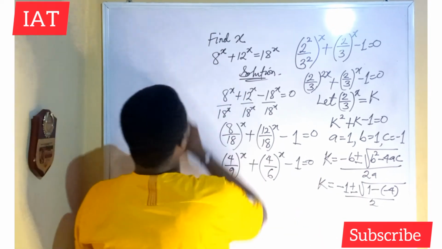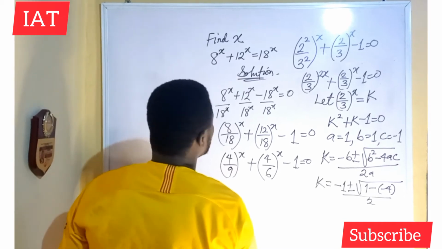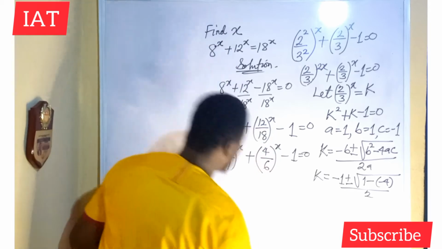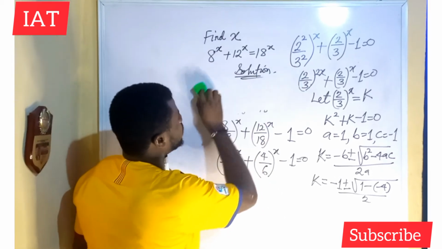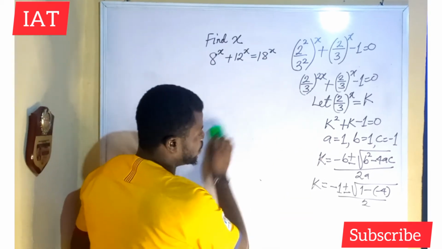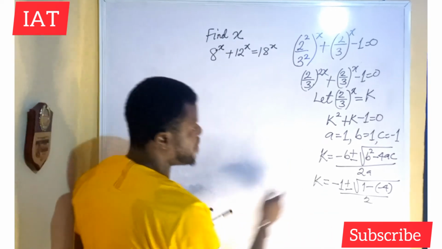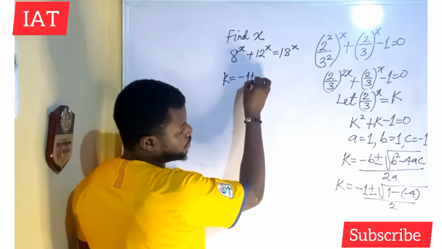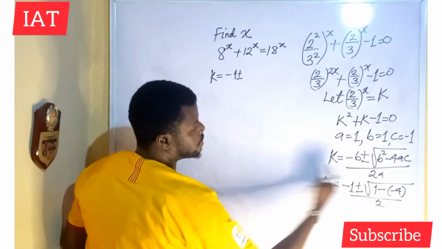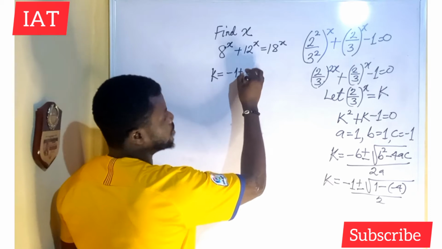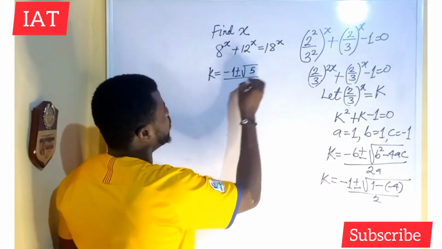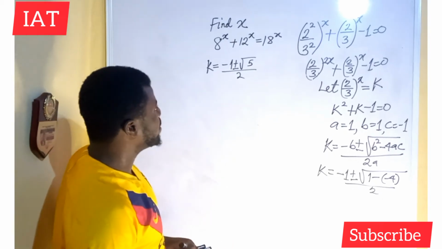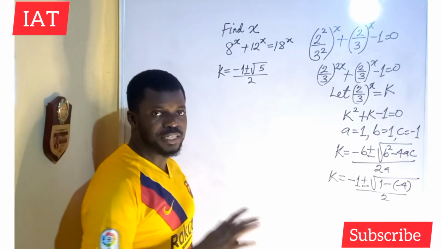All right, let's take it up again. Where can we use at this point? We can let go of this part so that we use it to solve this problem. All right, so from what we have here, k will be equal to minus 1 plus or minus, minus is plus, 1 plus 4, that is the square root of 5, all over 2. 5 is not a perfect square, so we can't get the square root of that, and we don't need any decimal number.